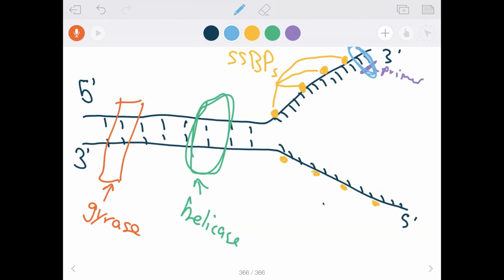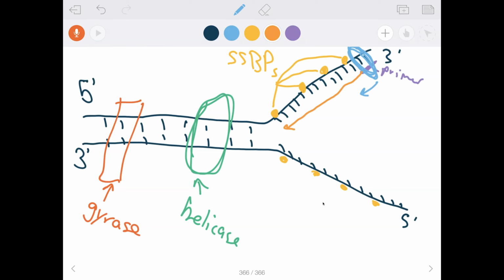And here is DNA polymerase. DNA polymerase always reads in the 3' to 5' direction, and it synthesizes in the 5' to 3' direction. So this thing is going to read this way, and as it reads the top strand, it is going to build a new strand to go with it.